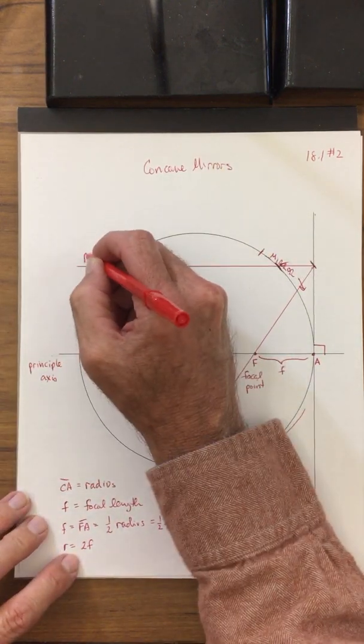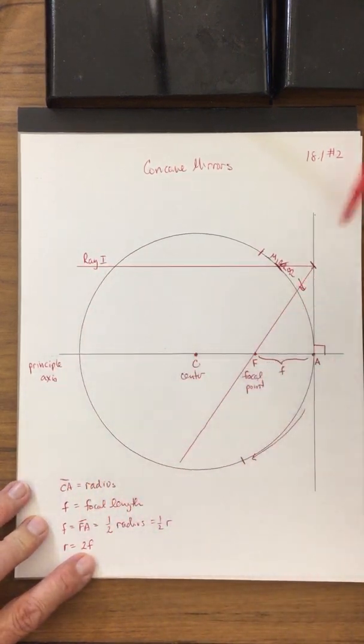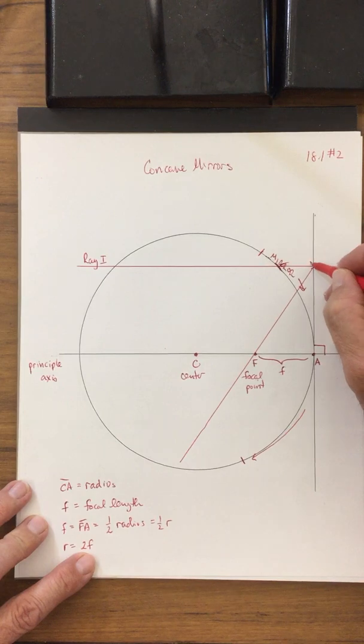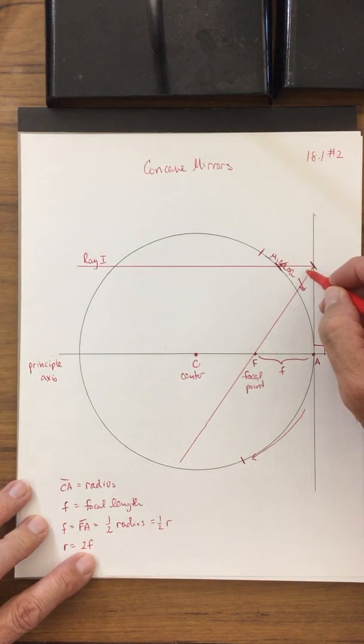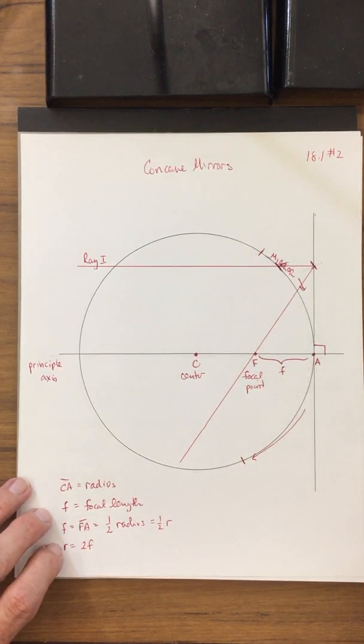So here is ray number 1. Ray number 1 comes into the mirror, it's hitting this line that's perpendicular to the principal axis, and we're having this regular reflection. You can imagine if this is the mirror surface and this is the normal, this would be the reflected ray of light.